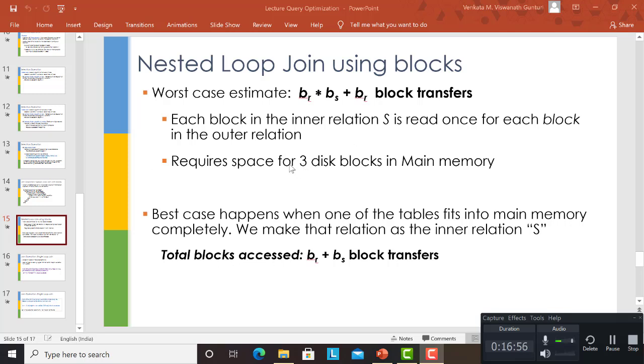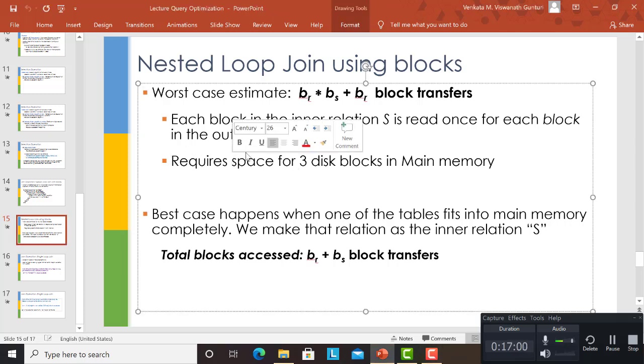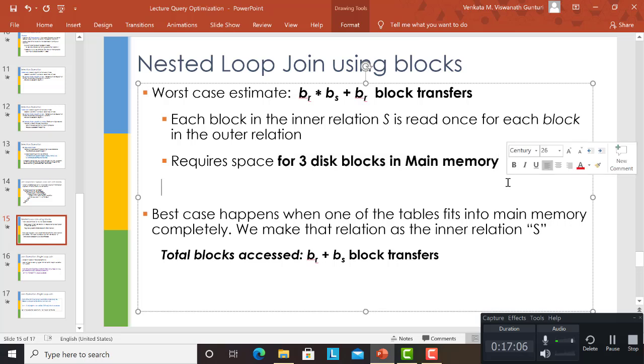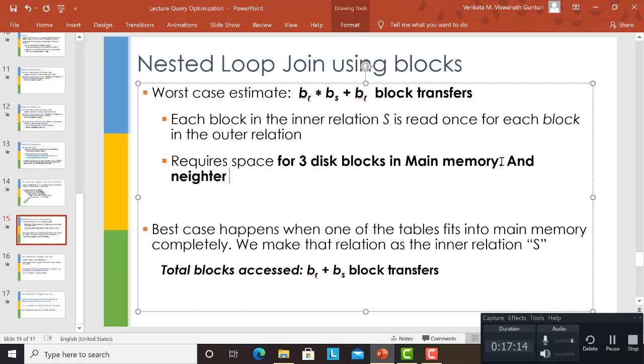I would like to highlight that this expression is only for when you have three disk blocks in main memory and neither R nor S fits in main memory.